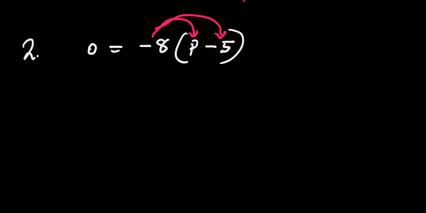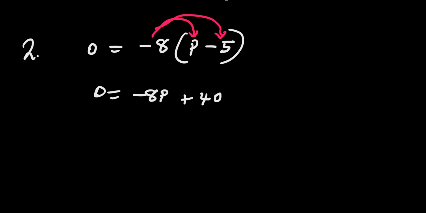Use it to multiply each term, and 0 will be equal to negative 8p. And negative 8 times negative 5 will give us positive 40. So now we are going to subtract 40 from both sides.